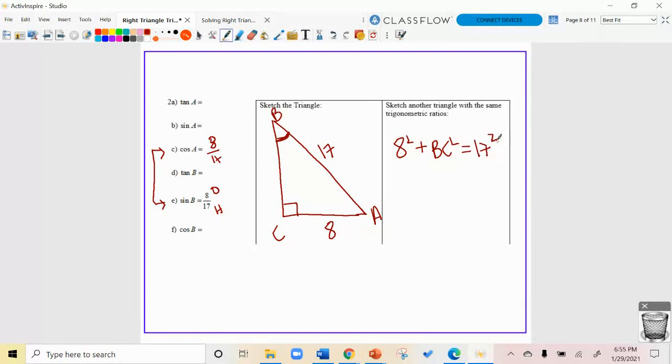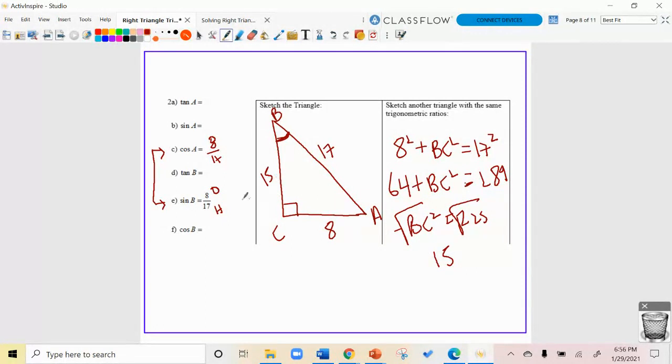I'm not missing the hypotenuse. 64 plus BC squared equals 289. When we subtract 64, 289 minus 64 gives us 225. BC squared equals 225, and when I take the square root of both sides, I get 15. So now I have this side, and I'm good to go.